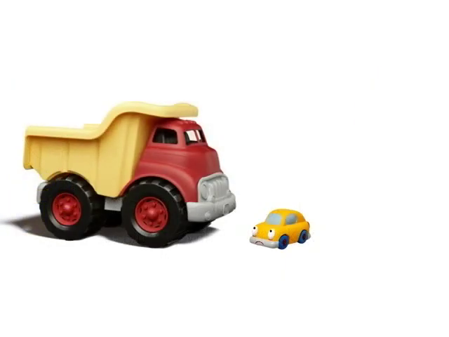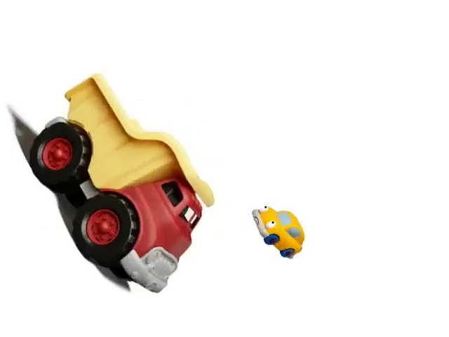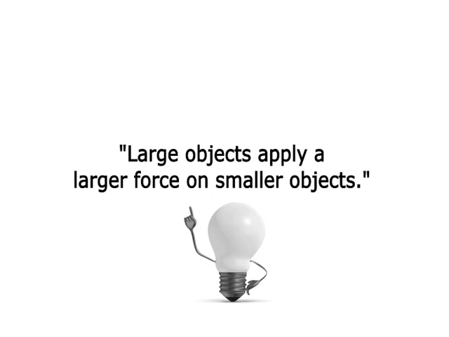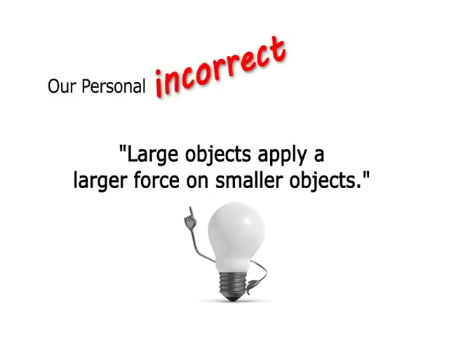Well, that's what we naturally think, but our normal physics thinking tends to be a little upside down. We believe that large objects apply a larger force on smaller objects. That is our personal incorrect law of motion.